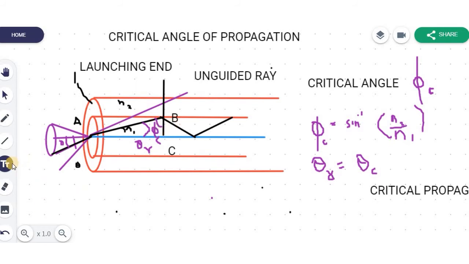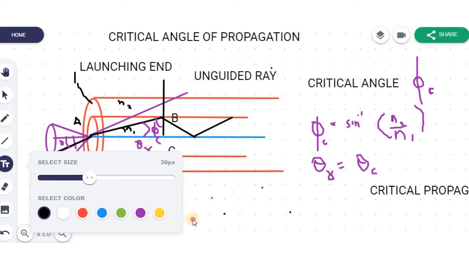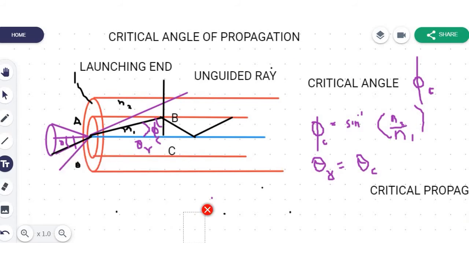Sin phi c is opposite over hypotenuse. Opposite is AC, hypotenuse is AB, so AC by AB.